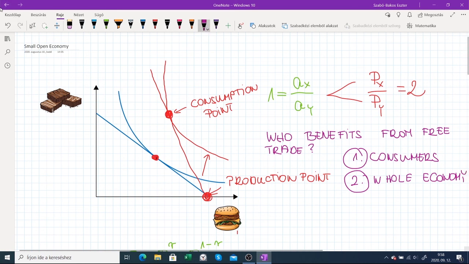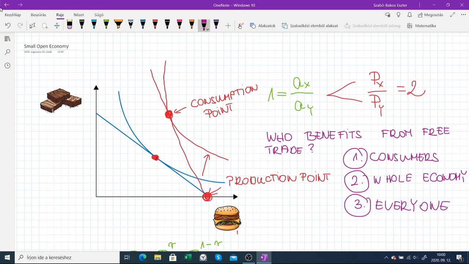The third answer to the original question: everyone. So our main conclusion: if free trade is based on comparative advantage, then everyone in this economy benefits from free trade.